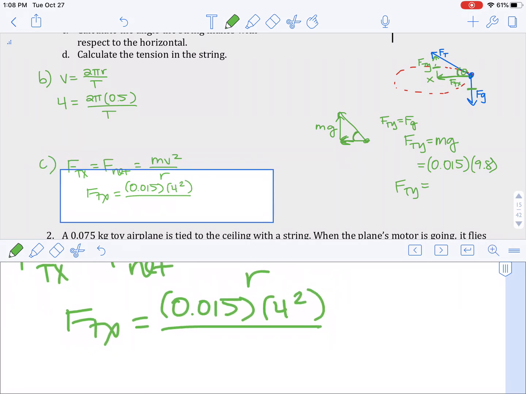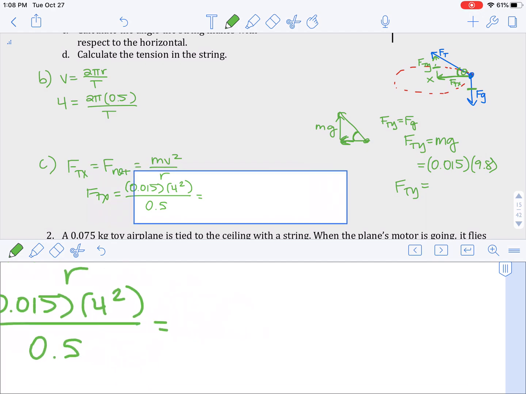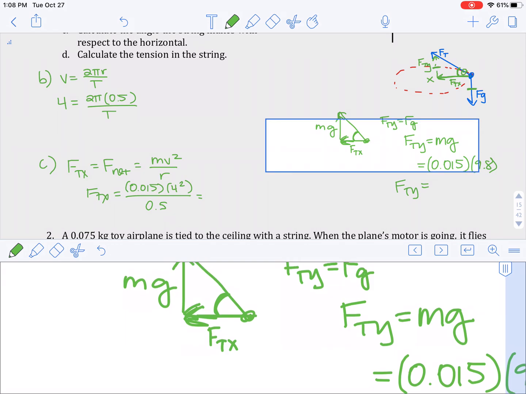And I know the radius of my circle. And so by doing that, I will be able to calculate FTX. And so that will go right here. And then, once I know FTX and FTY, I can solve for theta a couple different ways.